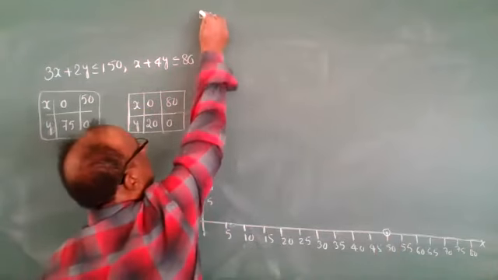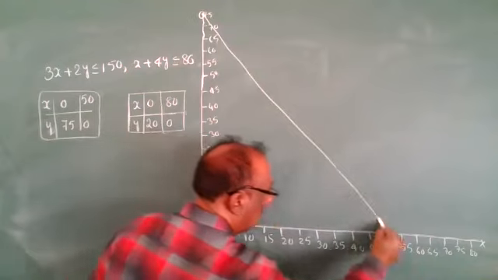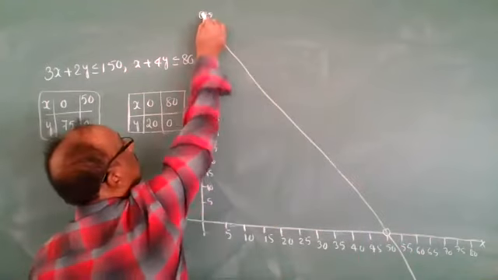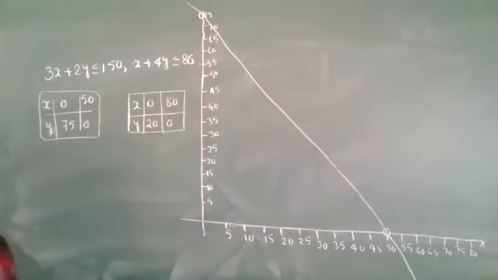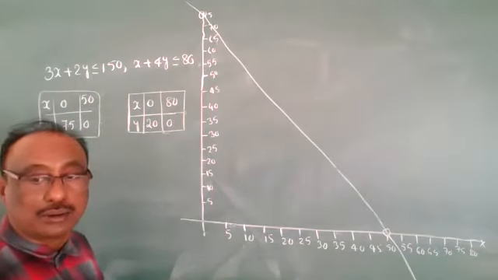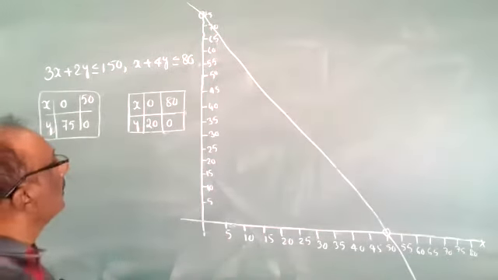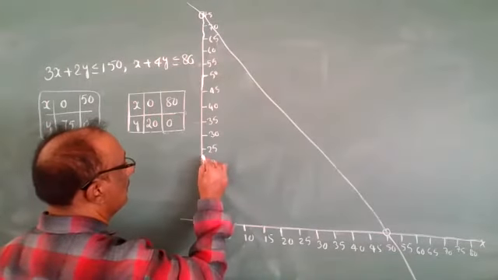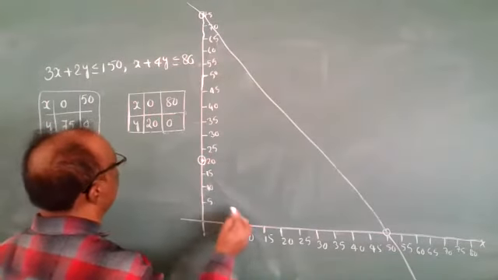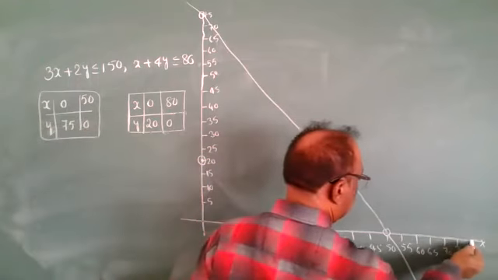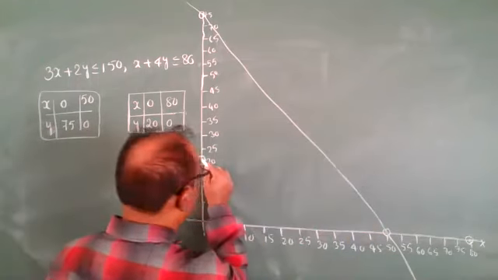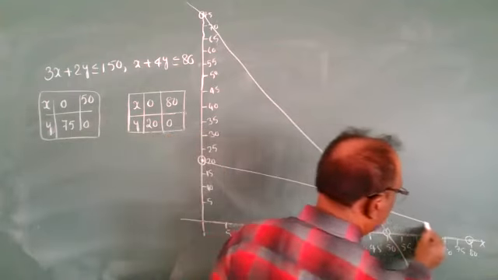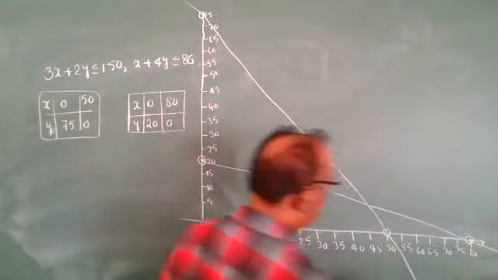Join these two, everyone. Right. Next one: x is 0, y is 20, and y is 0, x is 80. Right, everyone join these two lines.